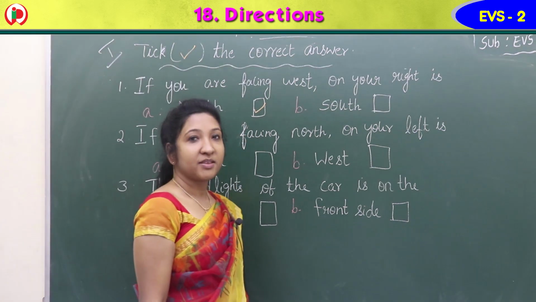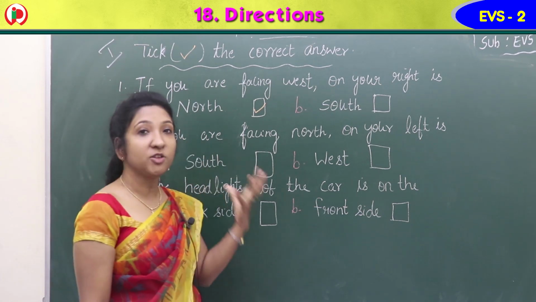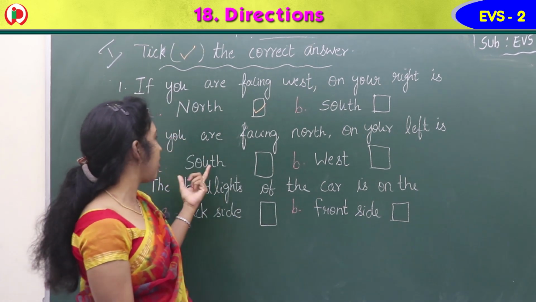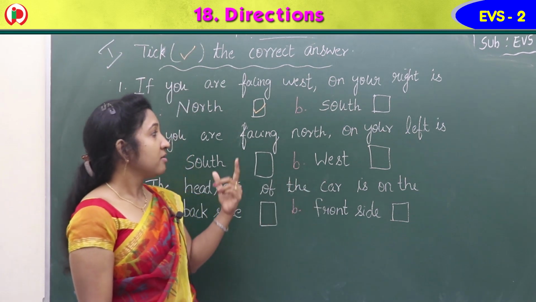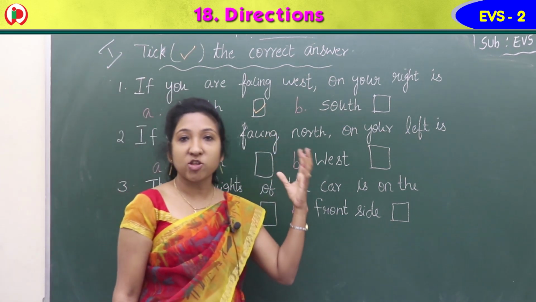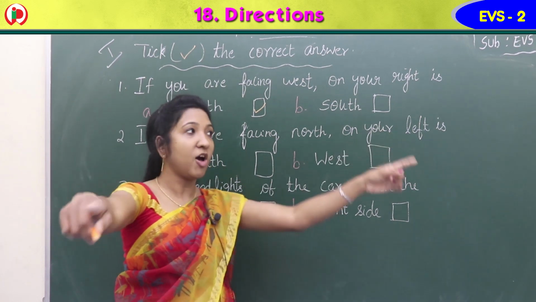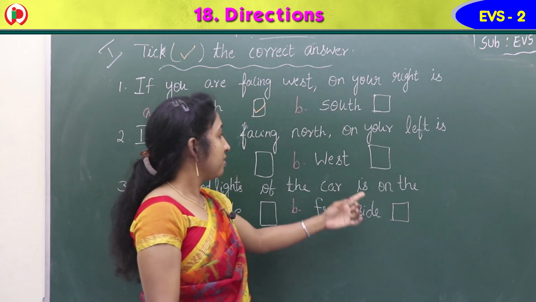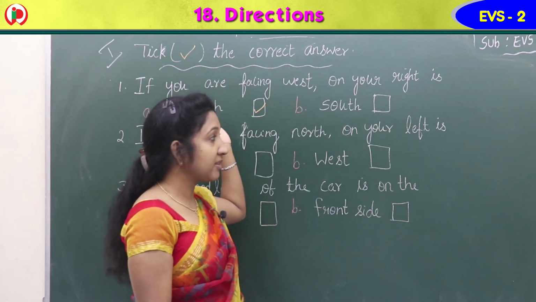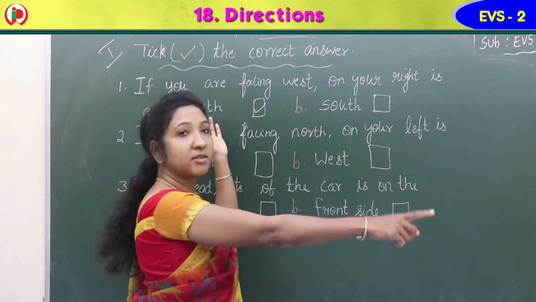Okay. So second is, if you are facing north, on your left is option A south, option B west. So we are facing north direction, children, isn't it? East, west, north, south. So you are facing north, then what will your left side be?